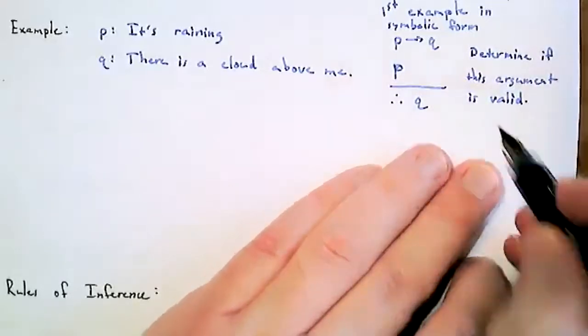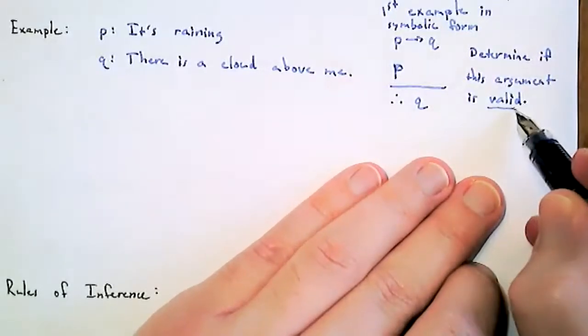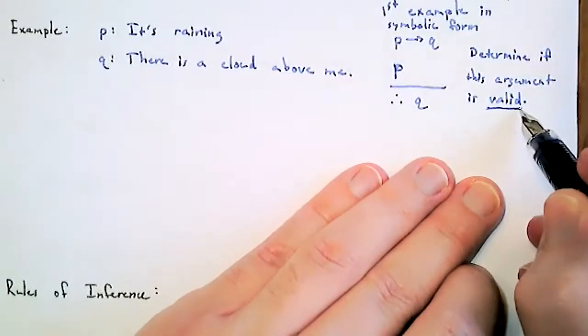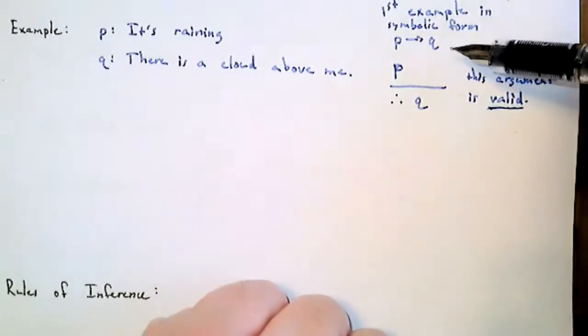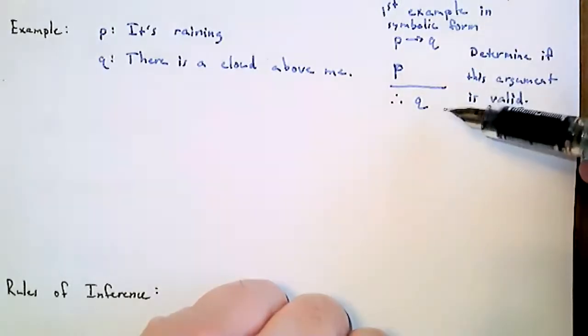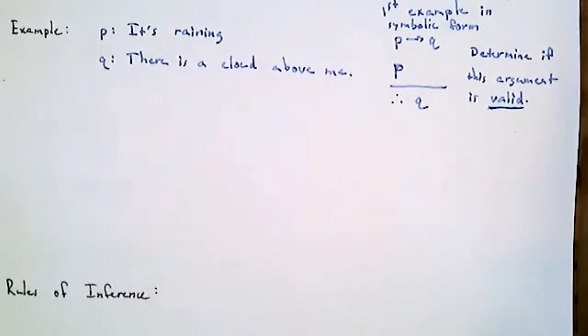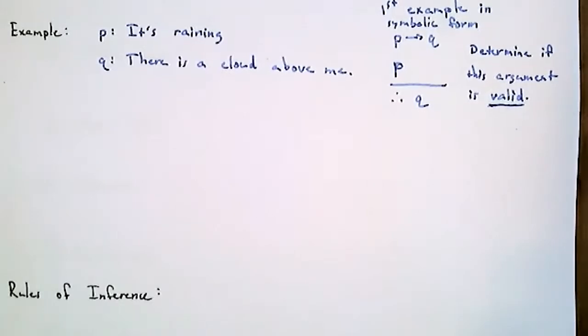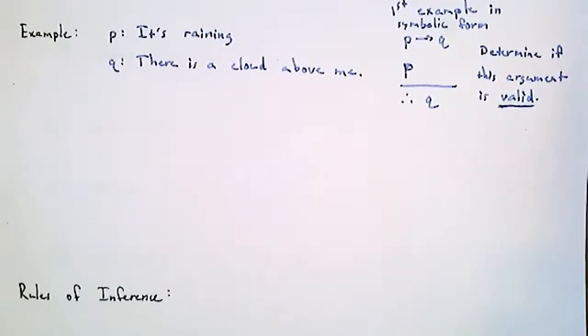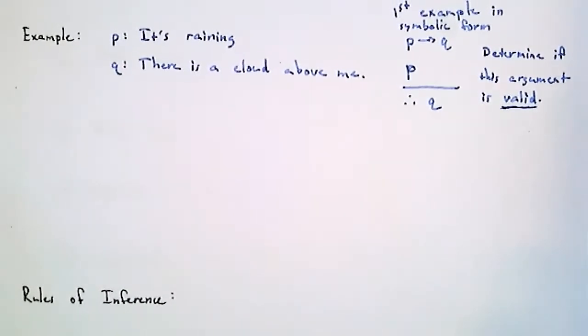And remember, valid has a very specific meaning in logic. So valid means if these are true, then the conclusion must be true. So it's a little bit more specific than the way that you might use valid in everyday speaking.